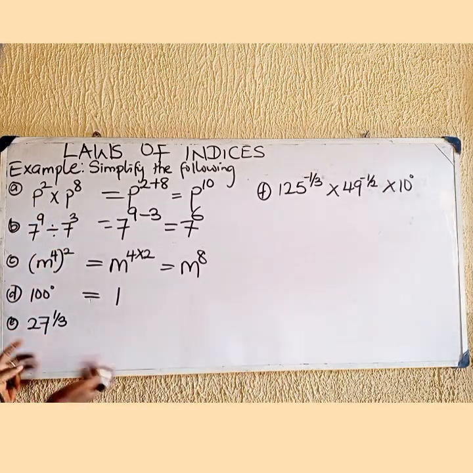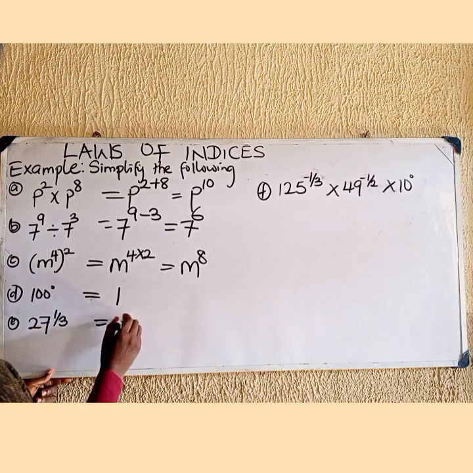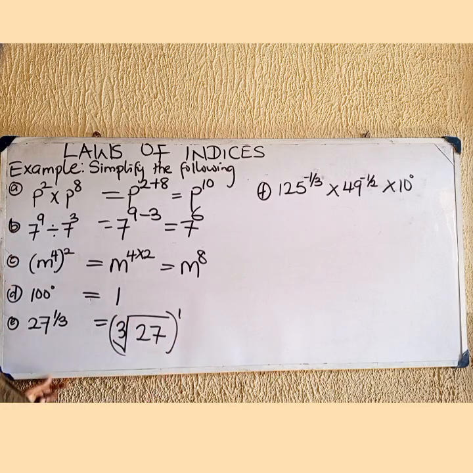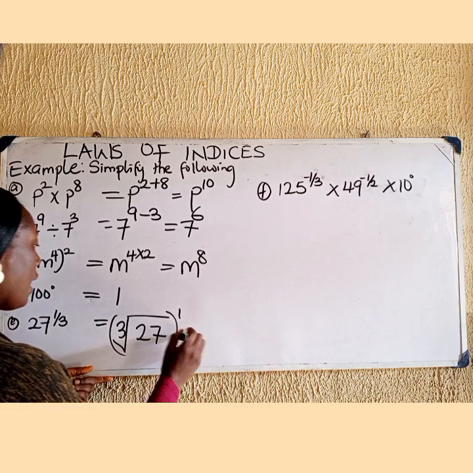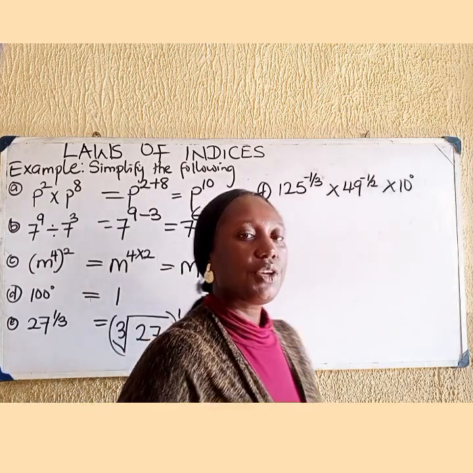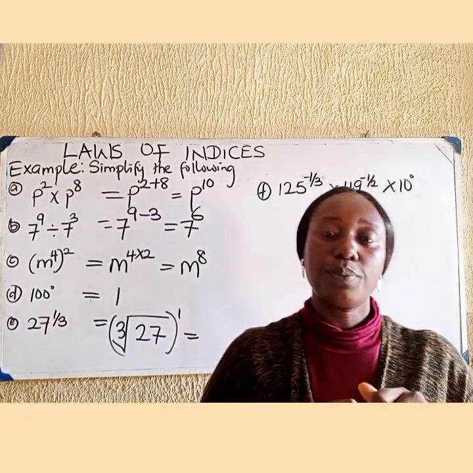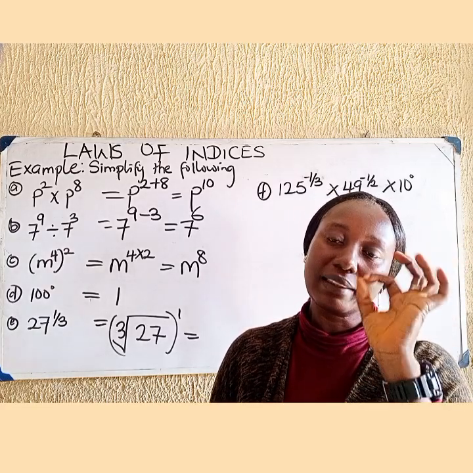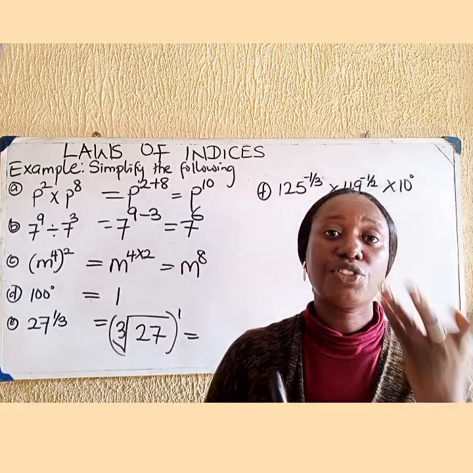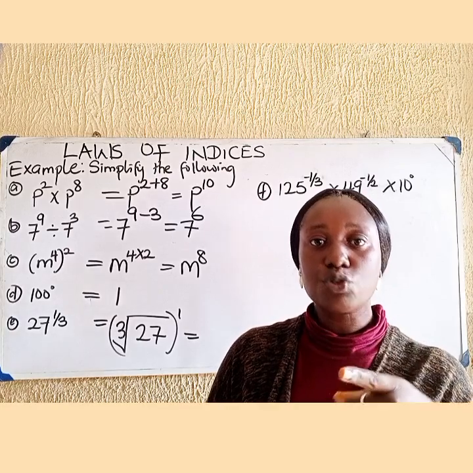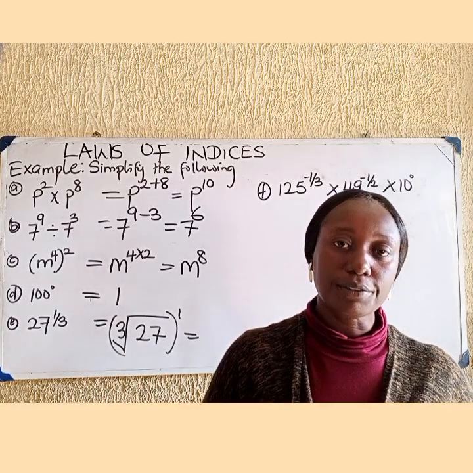Now this is the fractional power law. So this is the same thing as the cube root of 27, all raised to power 1. And what is the cube root of 27? You can obtain that by finding a single number that you multiply 3 times to give you 27. Cube means 3.